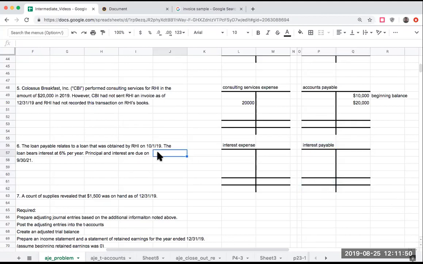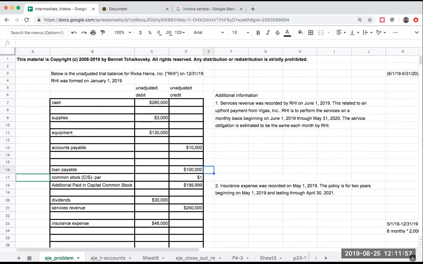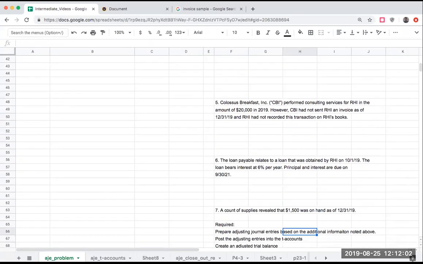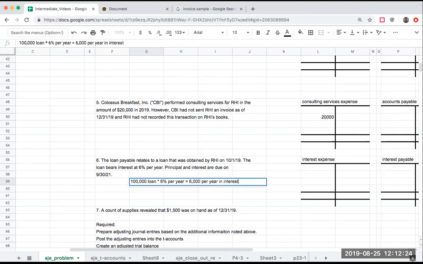So the amount of my loan is $100,000. If my loan amount is $100,000 and it's bearing 6% per year, the amount of the annual interest is going to be a $100,000 loan times 6% interest per year, or $6,000 per year in interest.